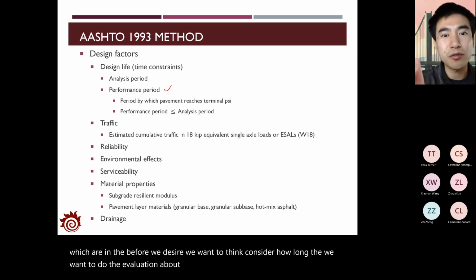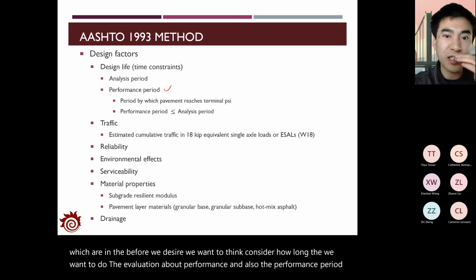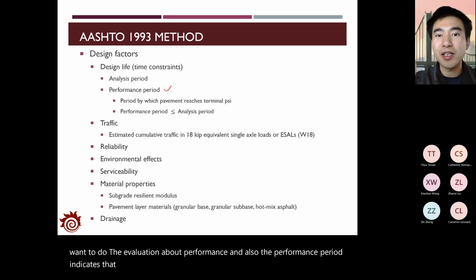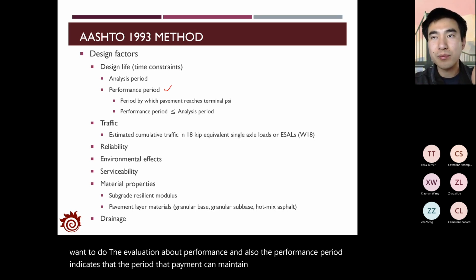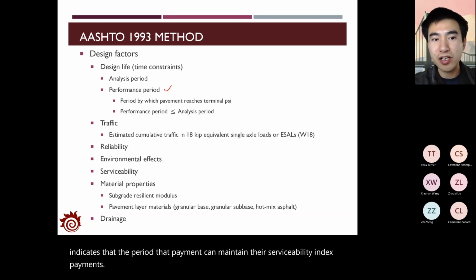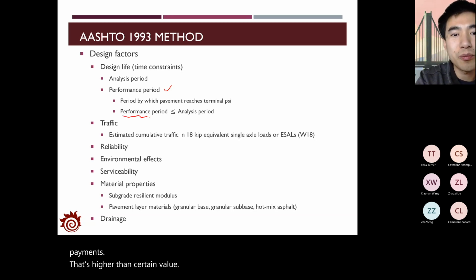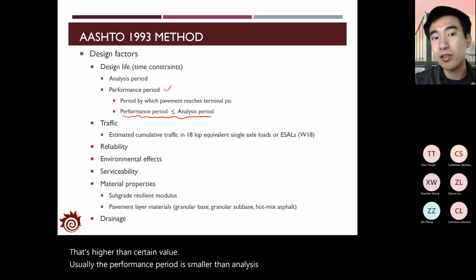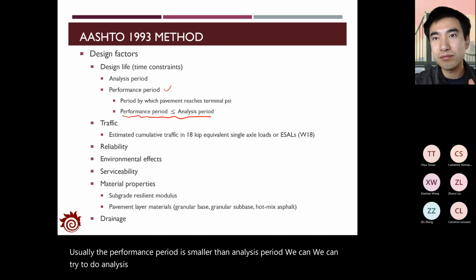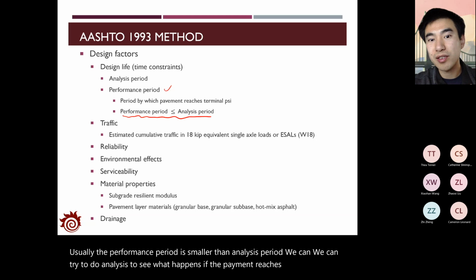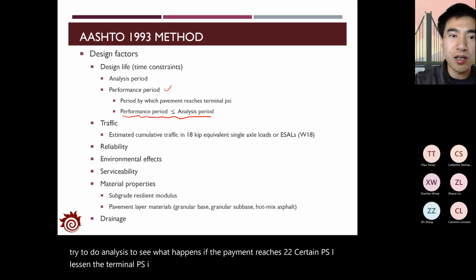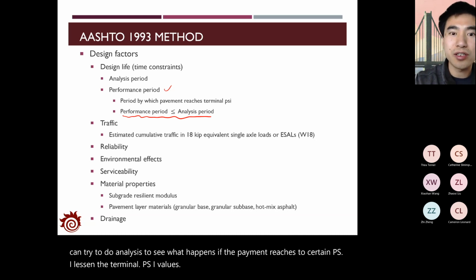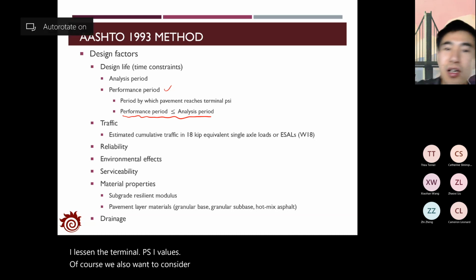And also the performance period indicates the period that the pavement can maintain the pavement serviceability index higher than a certain value. Usually the performance period is smaller than the analysis period. We can try to do the analysis to see what happens if the pavement reaches a certain PSI less than the terminal PSI values.